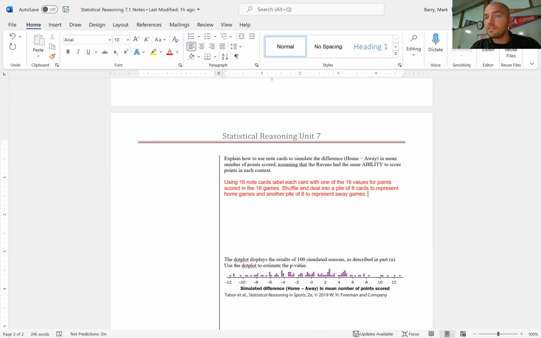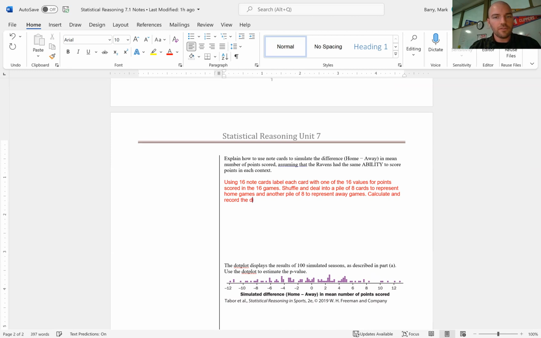We're simulating the season, assuming they scored all the same points in those 16 games, but now we're randomizing which ones are home games and which ones are away games. So this is just us doing an experiment here. Then we would calculate and record the difference, home minus away, just like we did before, in mean points scored.